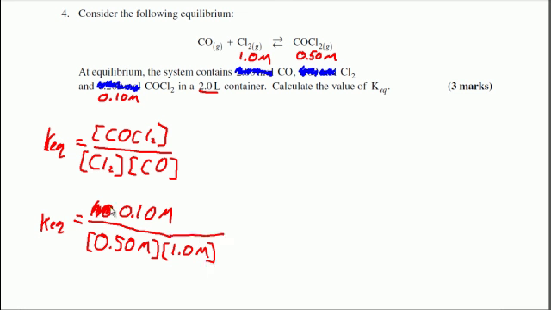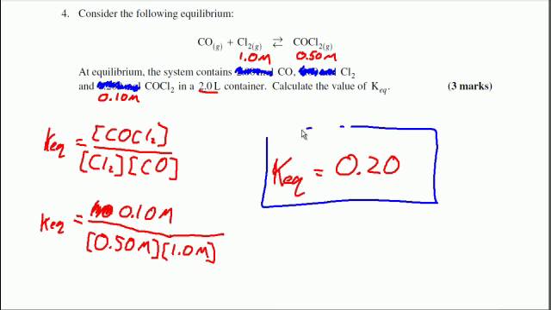We then run this calculation and we find that KEQ equals, again, 2 sig figs. This is going to be 0.10 divided by 0.50, it's 1/5 of that, so 0.20, 2 sig figs. And that's what I came up with as a KEQ value.